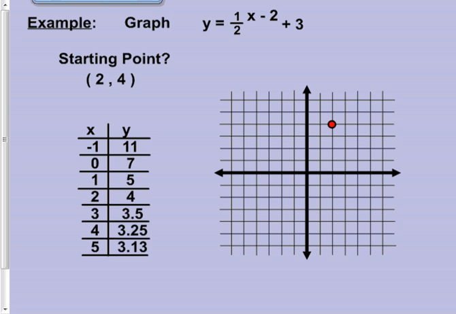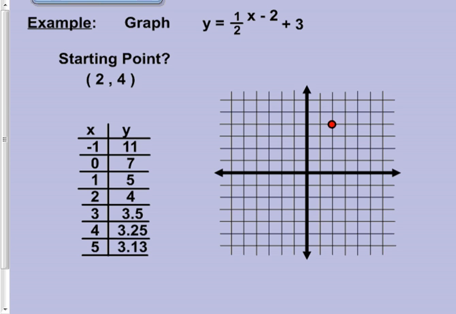We're going to end up with some decimal points, and in a lot of cases these are not easy fractions to arrive at. Your calculator is probably going to be your only source of information unless you're really good with your fractions.